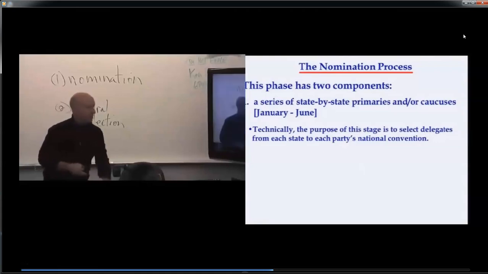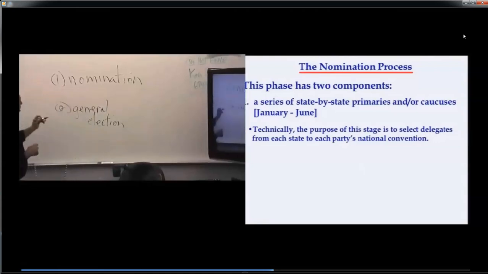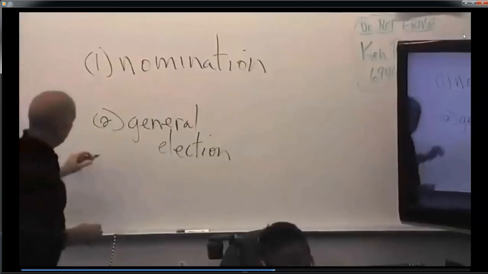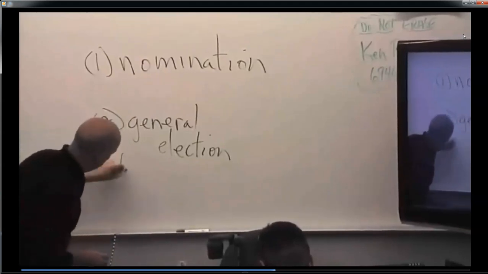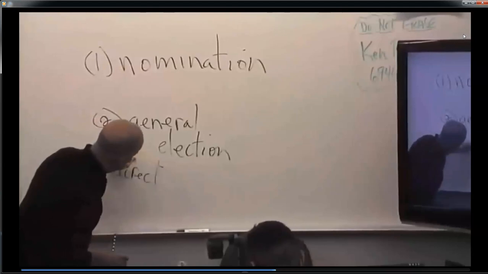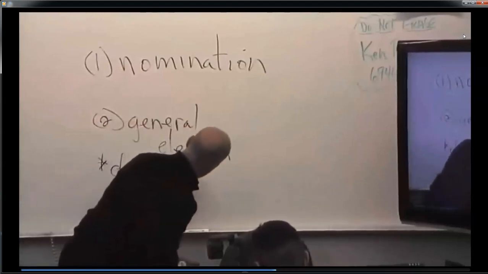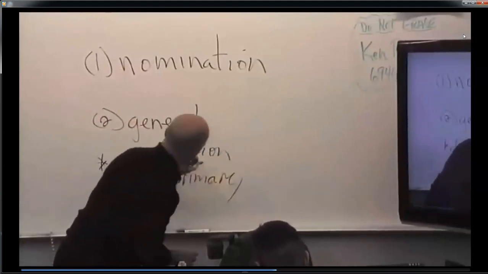The difference is, as you'll see here in a moment, when we're talking about all those other offices, like U.S. Senator and U.S. House of Representatives and Texas Governor and Lieutenant Governor and all those county offices and so on, those are what we call a direct primary.